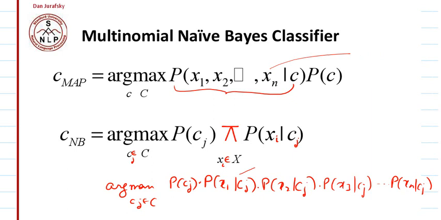Here we are required to calculate only a single parameter. This is a single parameter, this is a single parameter, this is a single parameter. We just need to calculate for a given document x1, if it is present, then also we will calculate. If it is absent, then for a given document we need to calculate only one single probability value here. So in that way the number of parameters is reduced.